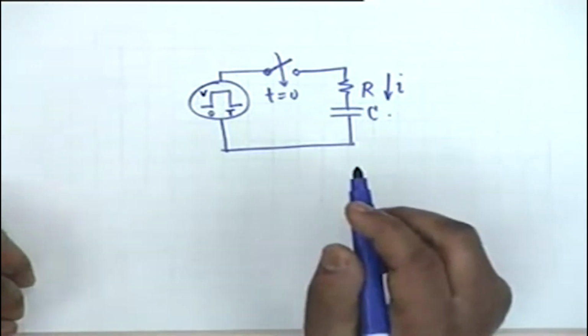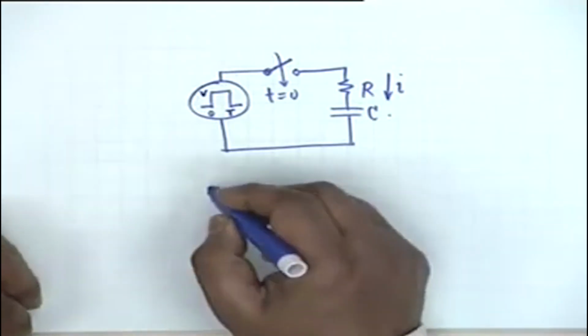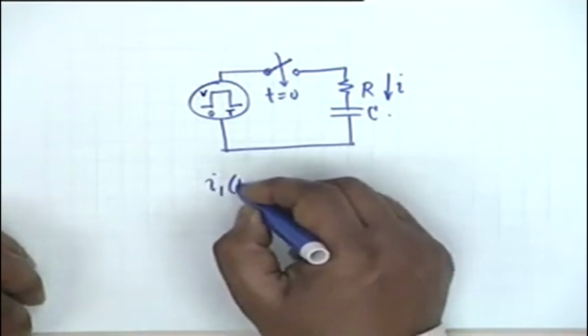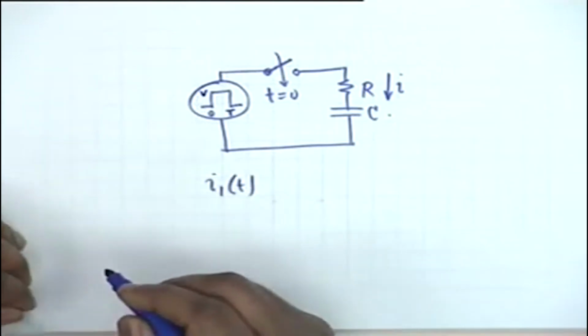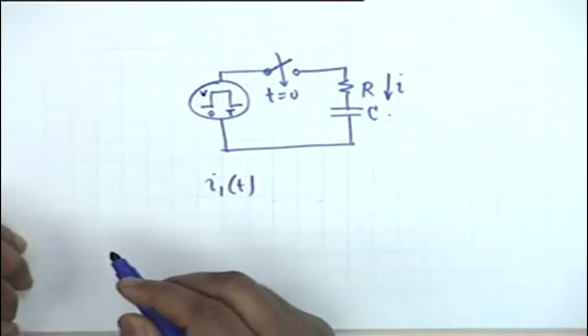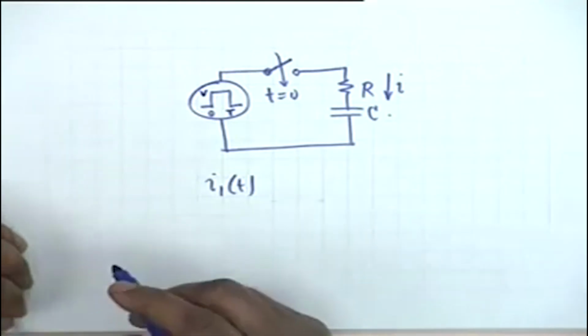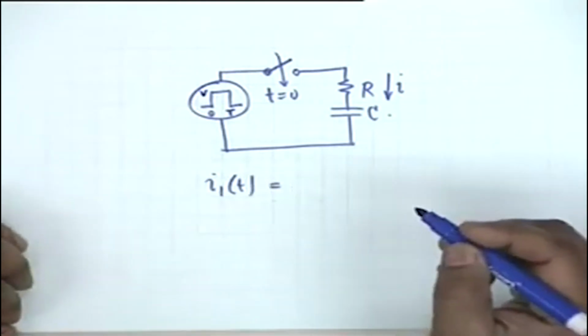So what we do is we first find the current i1(t), the current to a step of magnitude capital V, and you know what this current shall be.